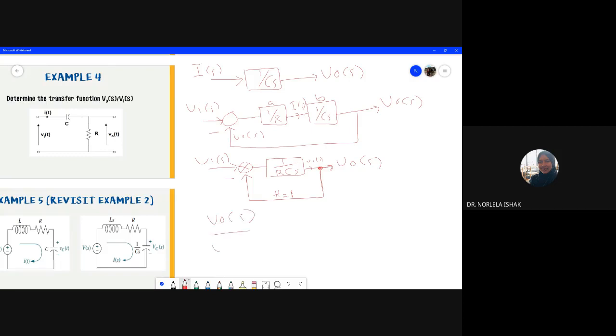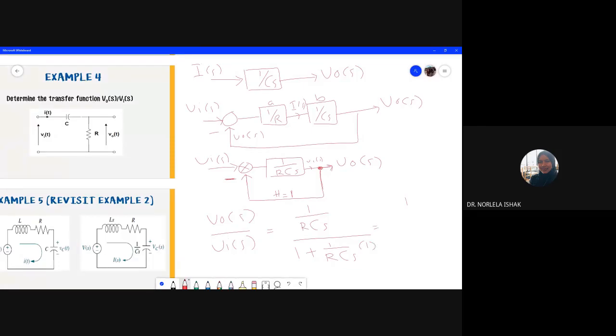Directly we can get our transfer function, output over input, equal to 1 over... This is minus, so we get plus here, right? We get plus RCS and multiply with 1.